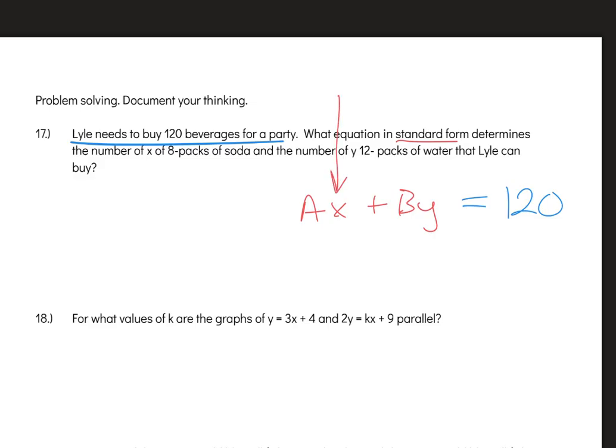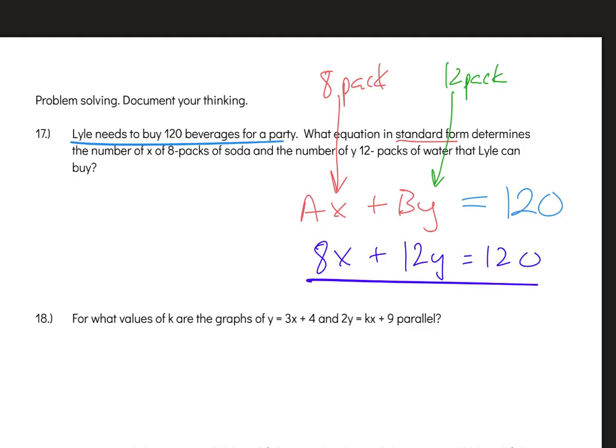Okay, that's going to be an 8-pack, and this is going to be a 12-pack of water. Rewriting this, it's going to be 8x plus 12y equals 120.